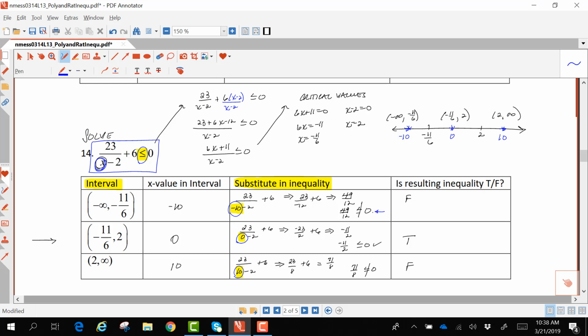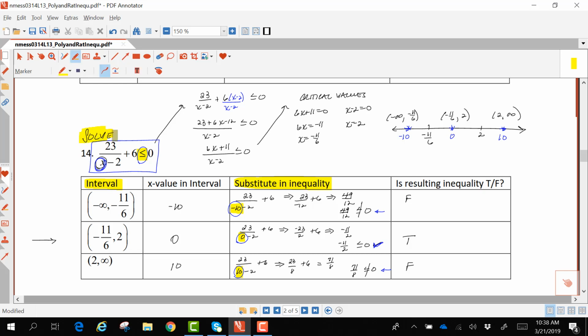In my first example, 49/12 is not less than or equal to 0, resulting in a false statement. In the second row, my negative 11/2 is less than or equal to 0, which results in a true statement. And in the third row, my result of a positive 71/2 is not less than or equal to 0, resulting in a false statement. This completes the table.